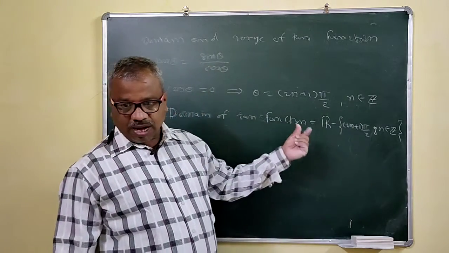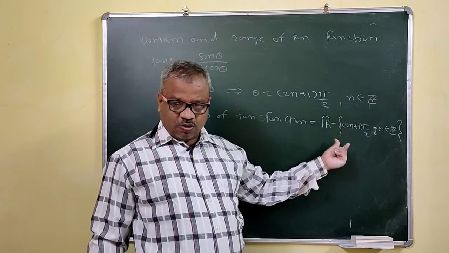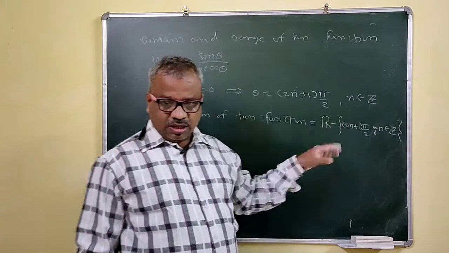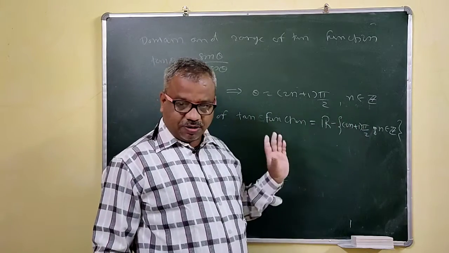Integral means minus 3, 3, 4, 5, minus 5, 1, minus 1. They are the integers, and multiples of pi by 2.